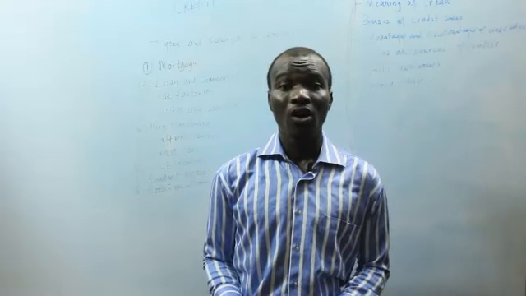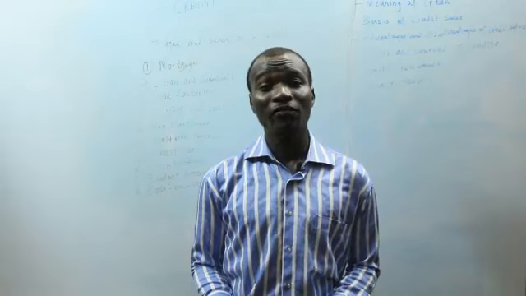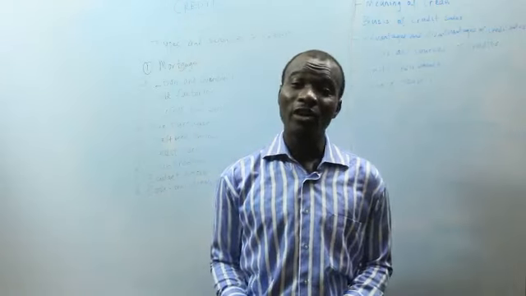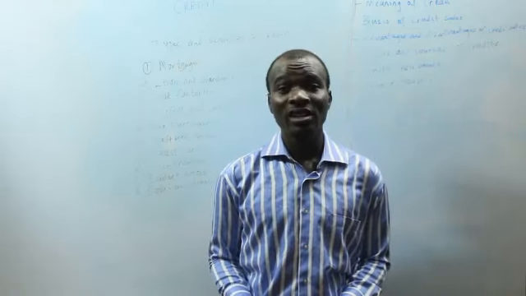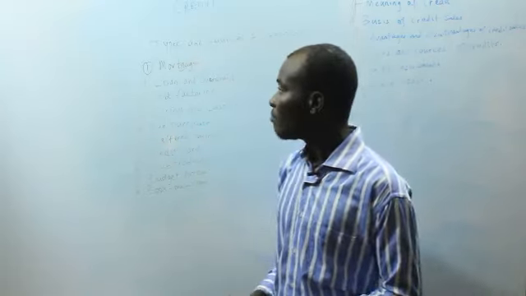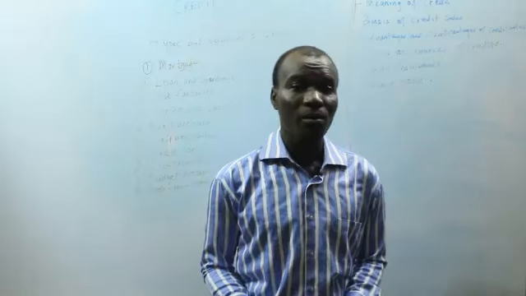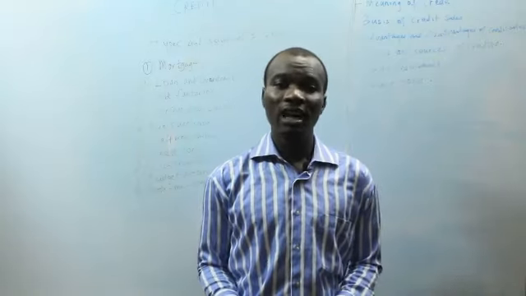The factor or the bank buys the debt from the company at a value less than the actual value of the debt. And what happens when the debt is due? The bank or the factor will collect the face value of the debt from the debtors.